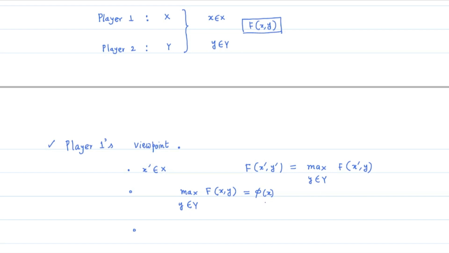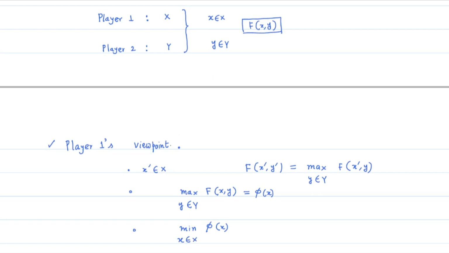And that will give the minimum loss for player 1. And as player 1 needs minimum loss, player 1 does not want to give an amount more than the minimum possible value of this payoff to player 2. So player 1 will go for choosing that particular strategy for which the minimum value of this phi(x) is realized.